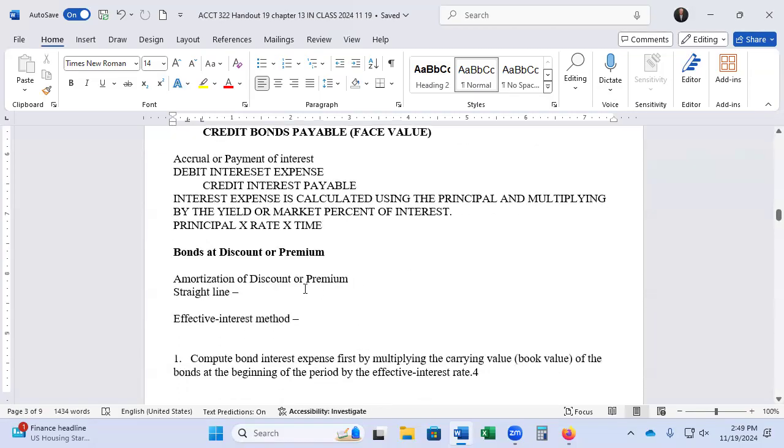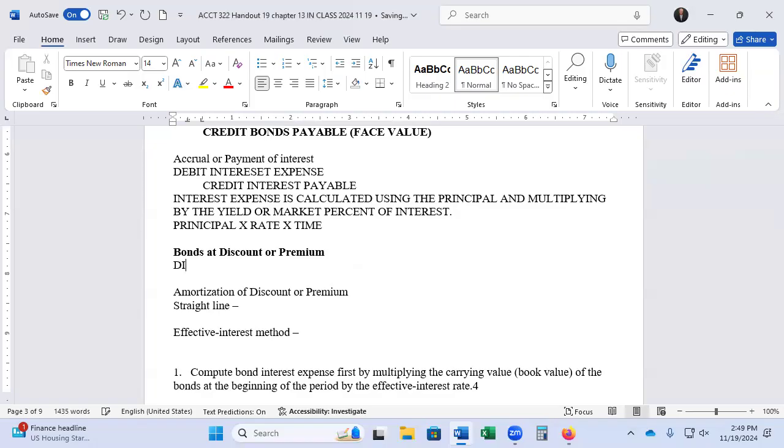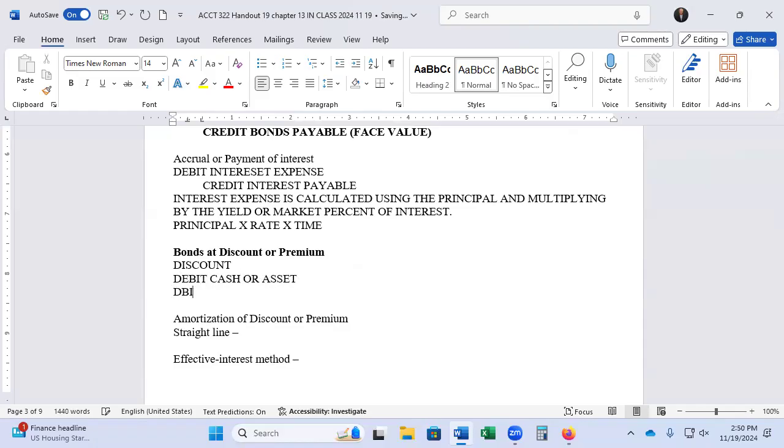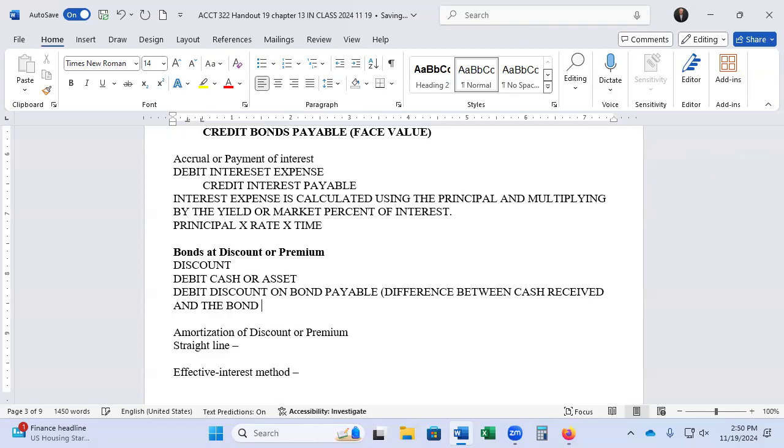Okay, so what does an entry look like when it's issued at a discount or premium? So at a discount, you have debit, cash, or asset. Debit, discount on bond payable. This is the difference between cash received and the bond amount.